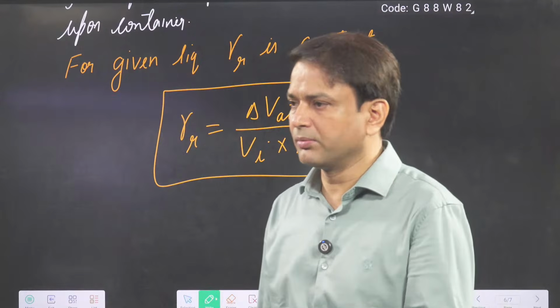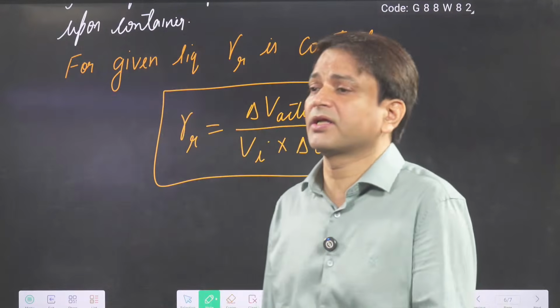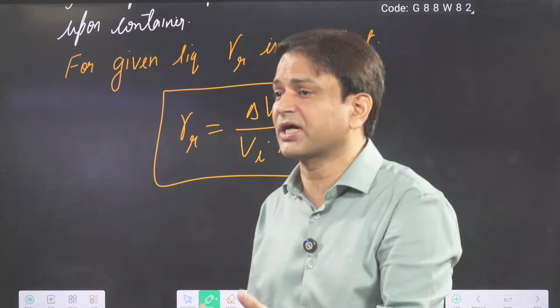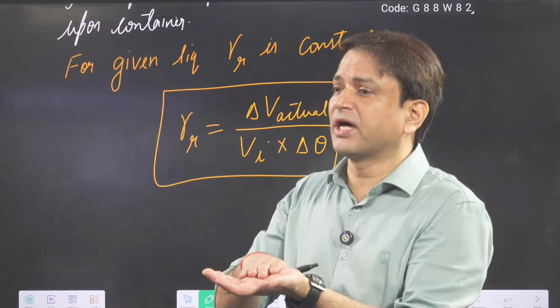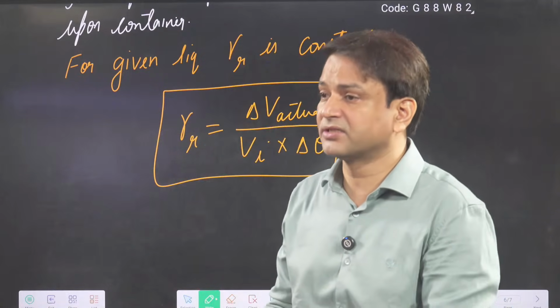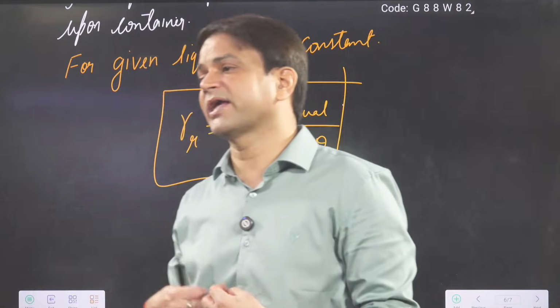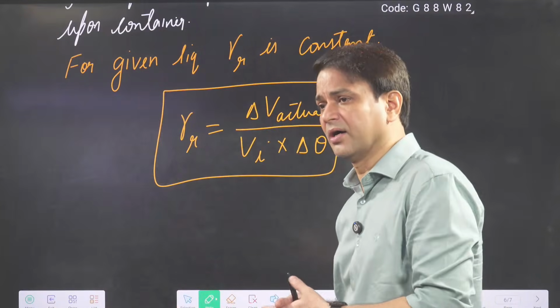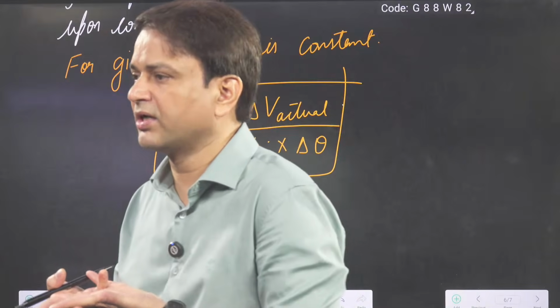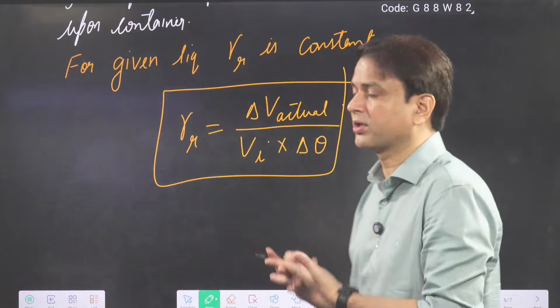Gamma real, because apparent will be different in different containers, so for apparent I will mention the container. Gamma of the water in the steel container means it is gamma apparent in the steel container. But if I am only saying gamma of the liquid, it means it is the real gamma, and real gamma will be constant for the given liquid. Everybody got it?